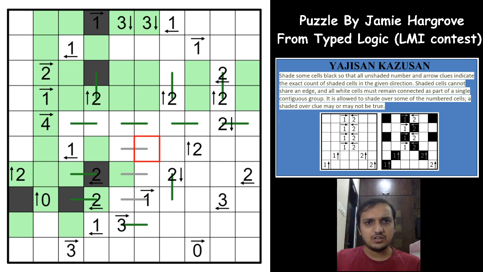If I shade this cell, then this cell has to be shaded, which makes this cell as shaded, right? Which means that there is a white cell stranded in between, right?